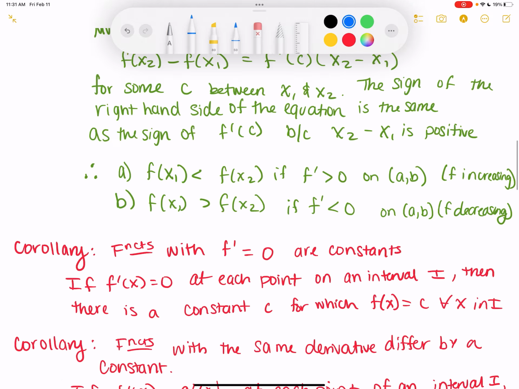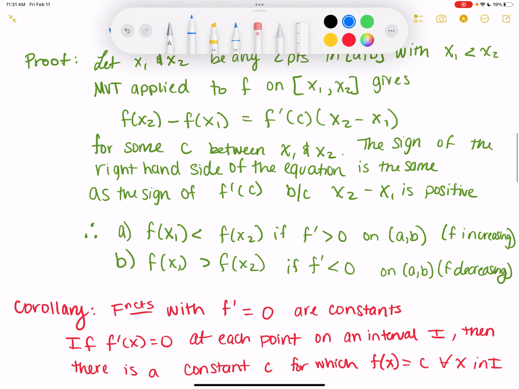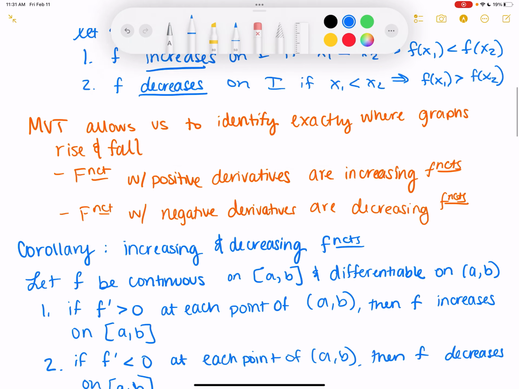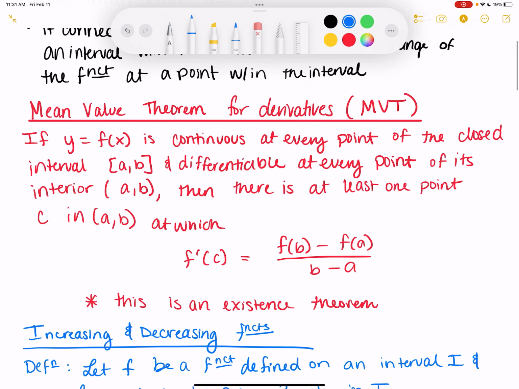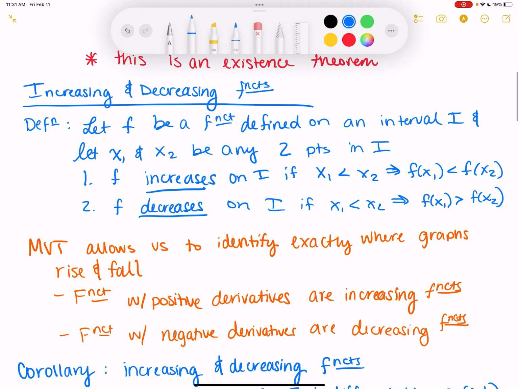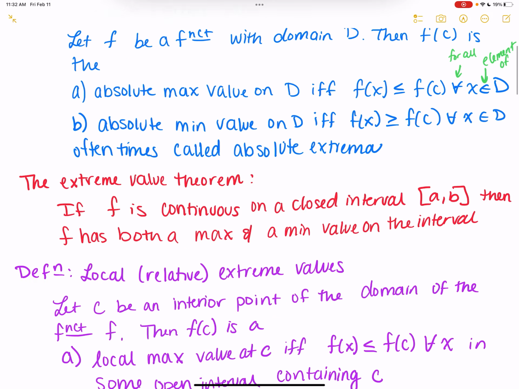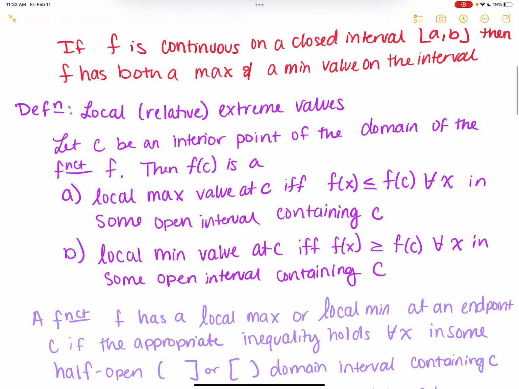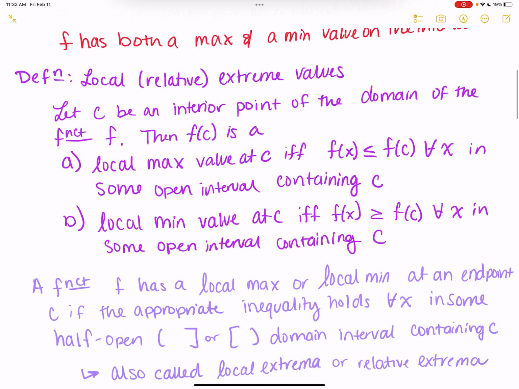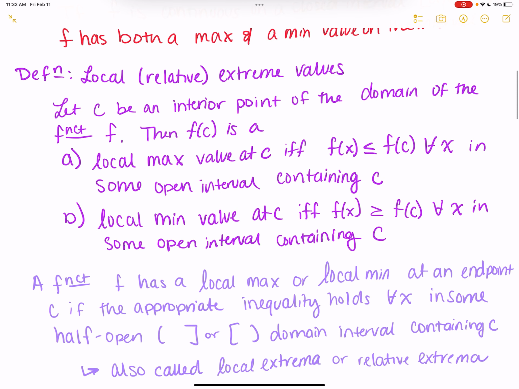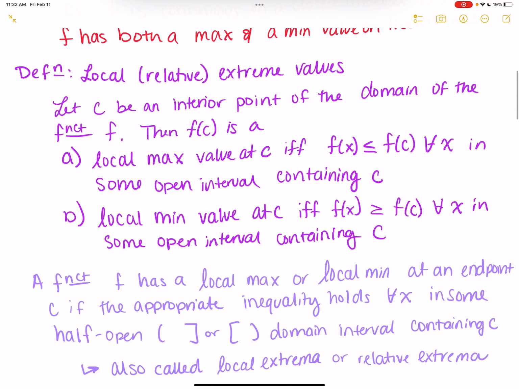Wait, we're not given an interval, are we? I don't think so.